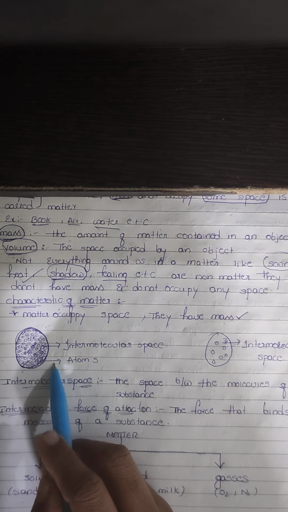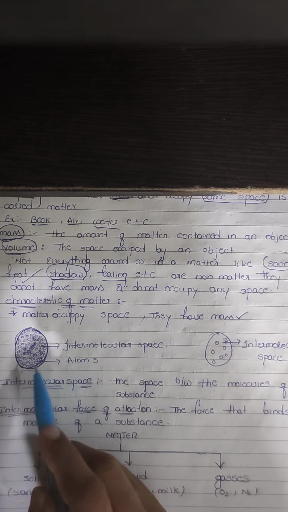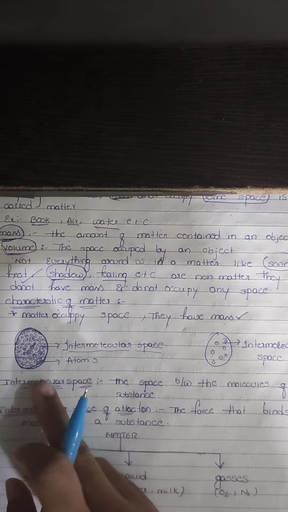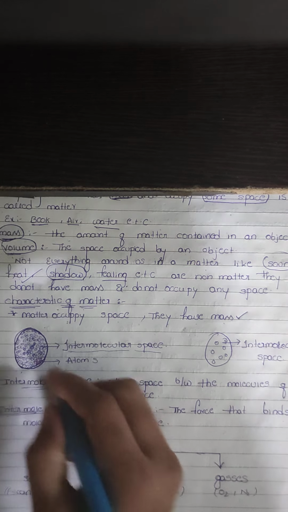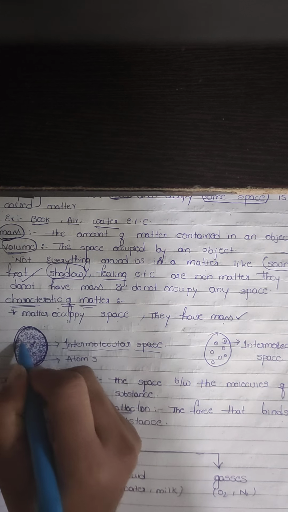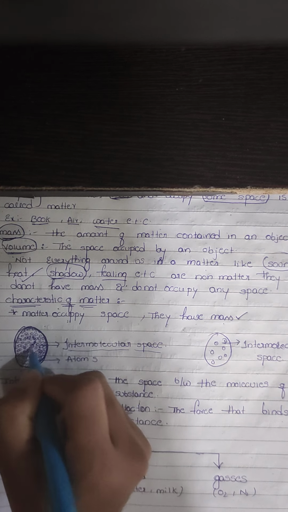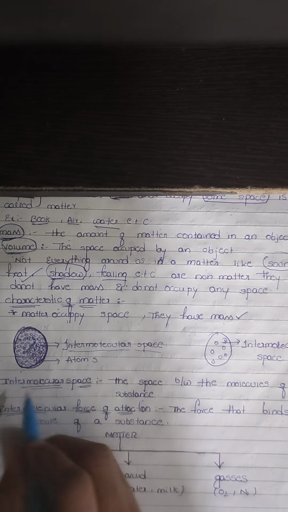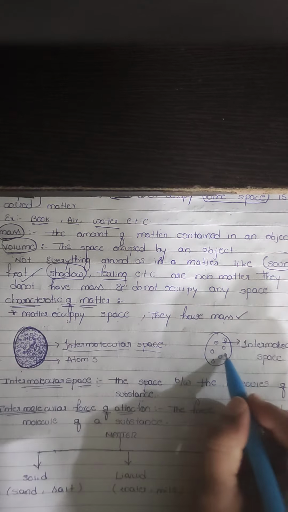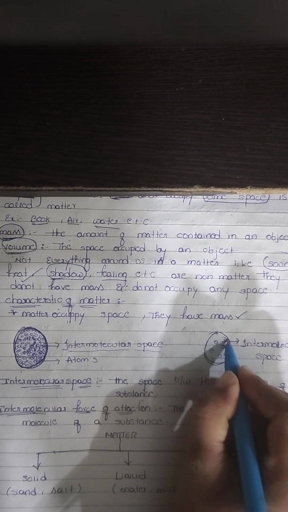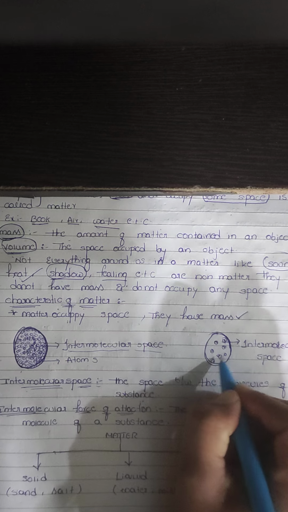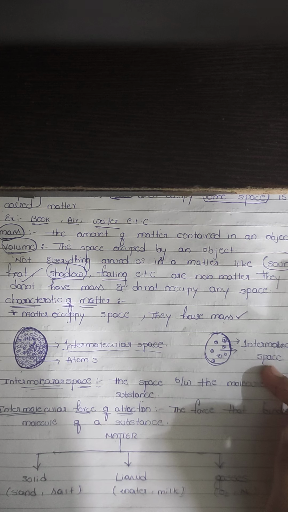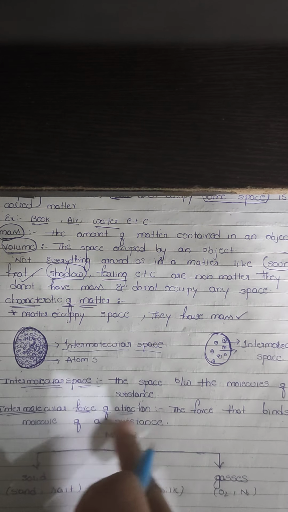The space between the molecules of a substance is called intermolecular space. Here we have taken an object, and some atoms are there. The space between these molecules is called intermolecular space. Here also you can see the object, these are atoms, and the space between these molecules is called intermolecular space.